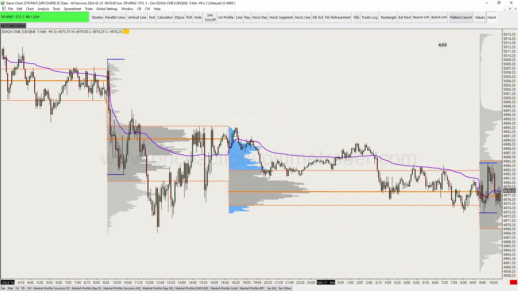But you can see, for example, we had a very big edge here and a value area high, which capped the high for the evening, the extended trading hours session.